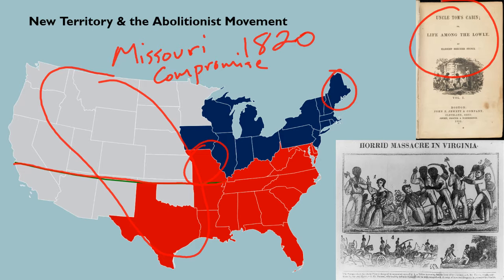Meanwhile, between 1820 and 1852, and I believe it was 1831, there was a rebellion called Nat Turner's Rebellion. Nat Turner was a slave in Virginia who rebelled along with many other slaves on his plantation and on several other nearby plantations.